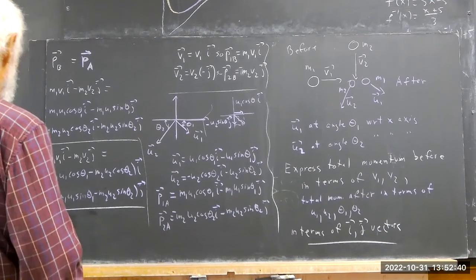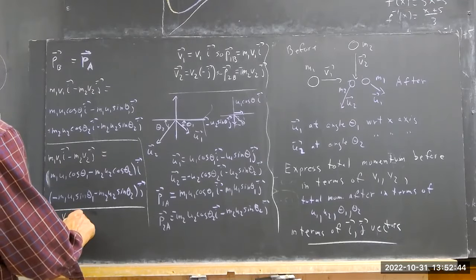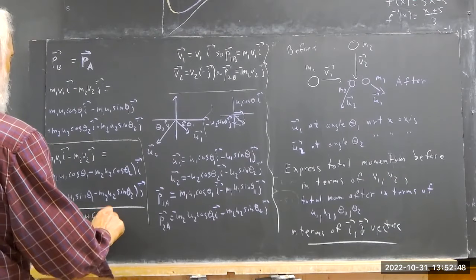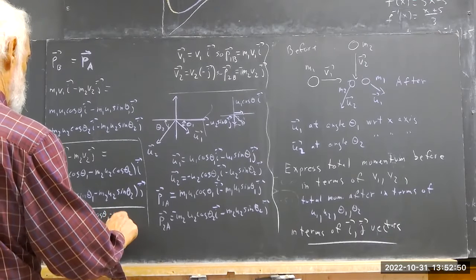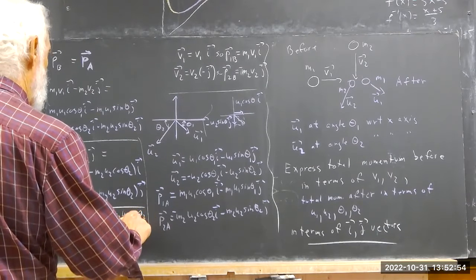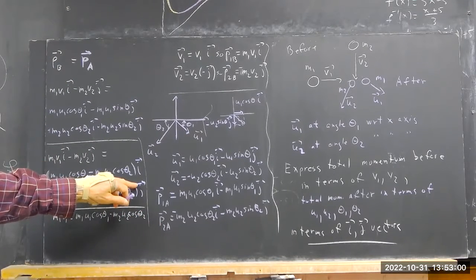What does this tell you? The I components are equal, so M1V1 has to equal all this.